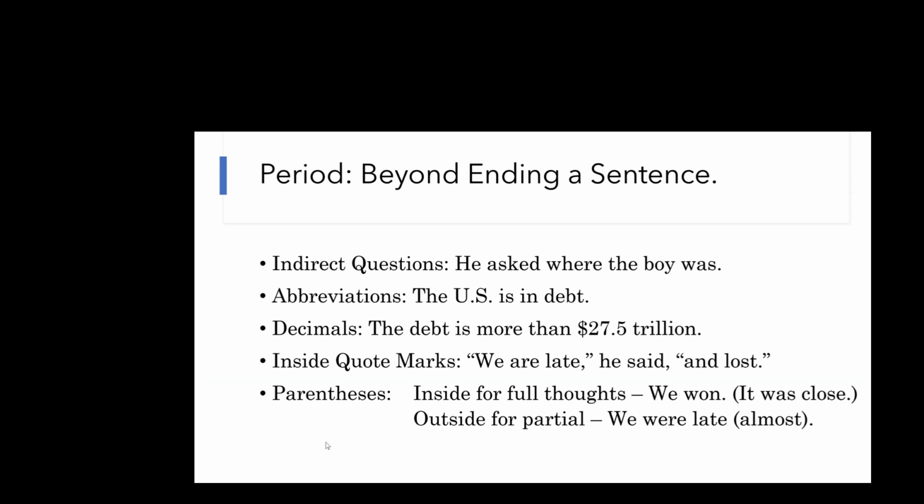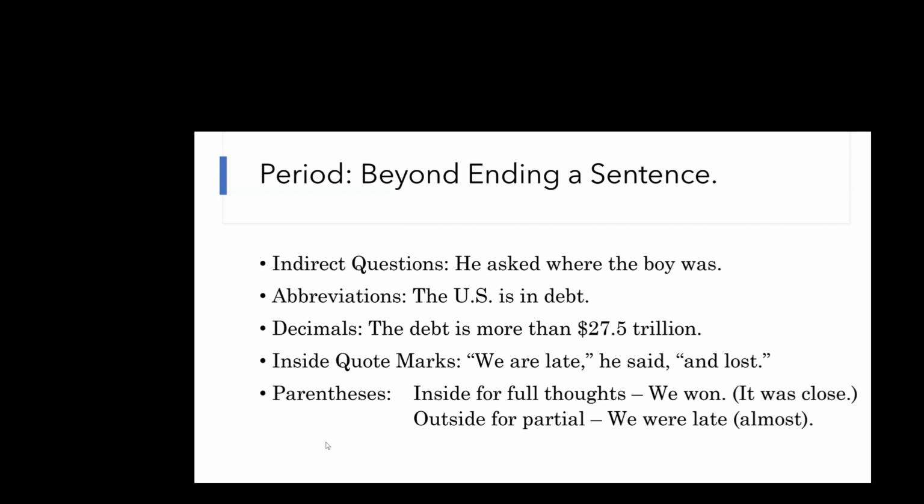Inside quotation marks, well, that's where a period goes. That's where most punctuation goes, inside the quotation marks. So: quote, we are late, comma, also inside the quotation mark, end quote, he said. Since the sentence continues on, we won't put a period there. Comma, open quote, and lost, period, end quote.